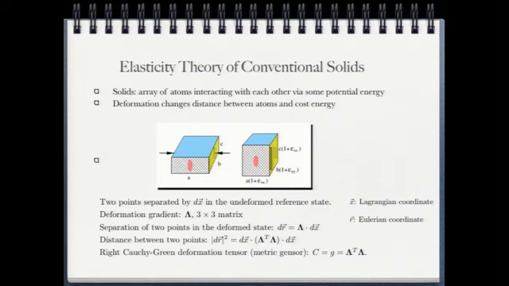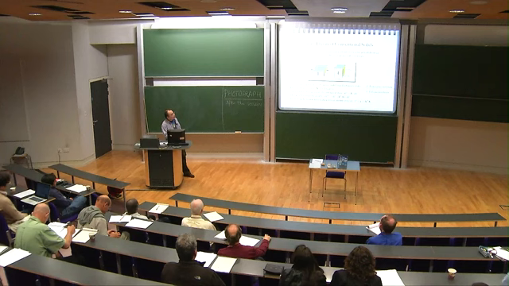The displacement between these 2 points in the deformed state is given by dr, which is related to dx by the linear transformation lambda. Here x is usually called the Lagrange coordinate, and r is called the Eulerian coordinate. It is the coordinate of a mass point in a deformed state using a fixed coordinate system.